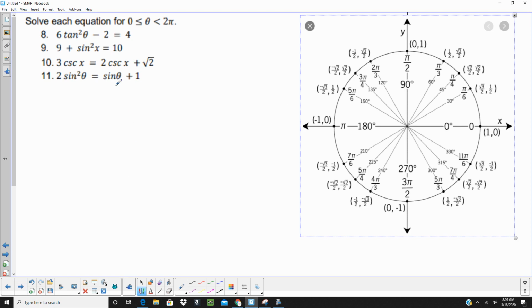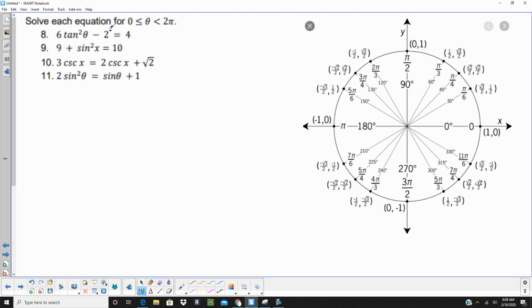On here, it's the same type of thing, but this time we're solving and it is in radians. It's the same process, really. So if I looked at number 8, I'm going to start by adding 2 to both sides. Plus 2, plus 2.